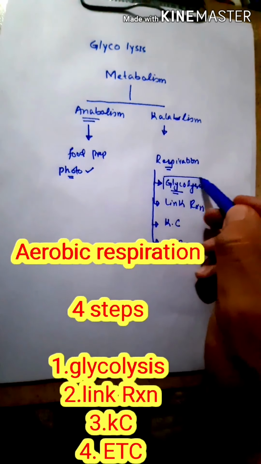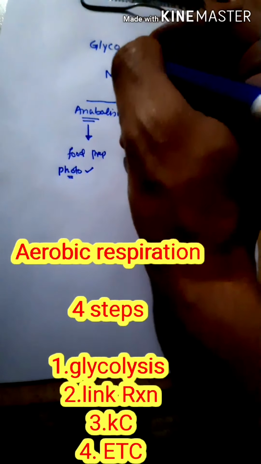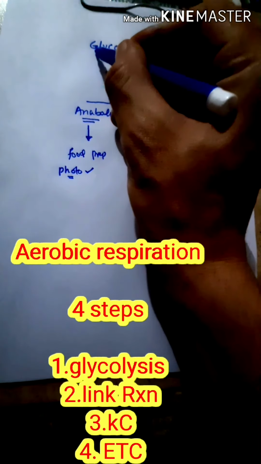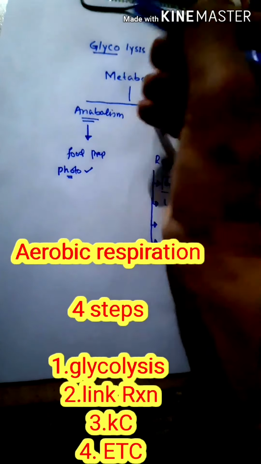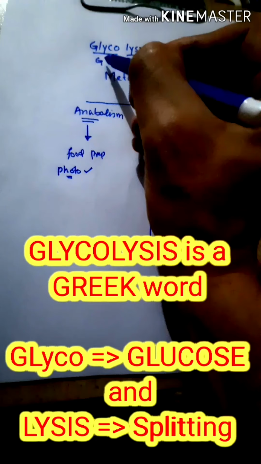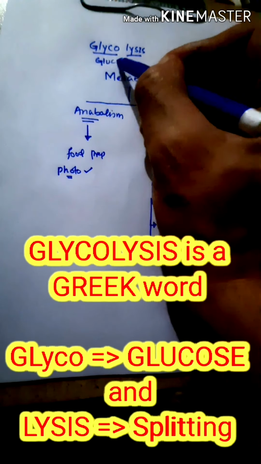So we are going to discuss glycolysis in two terms. First, let's discuss the meaning of glycolysis. The word glycolysis is the combined form of two Greek words: glyco and lysis. The word glyco is used for glucose, and lysis means splitting or breakdown.